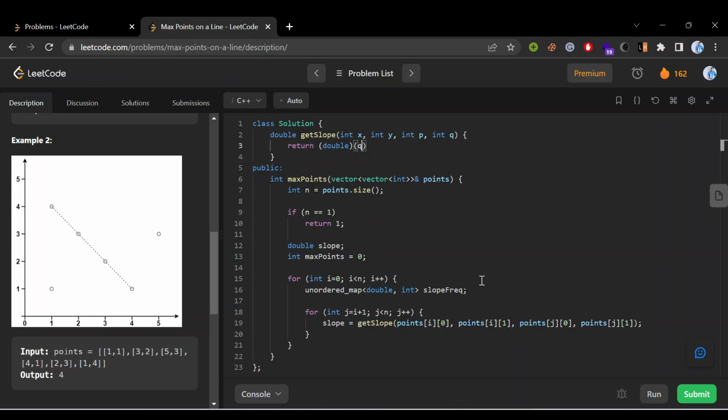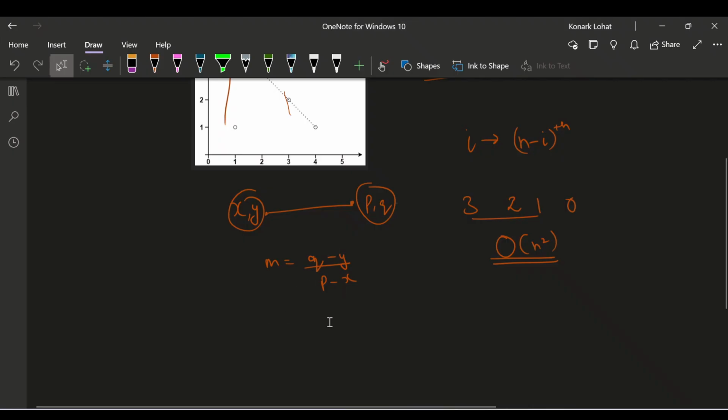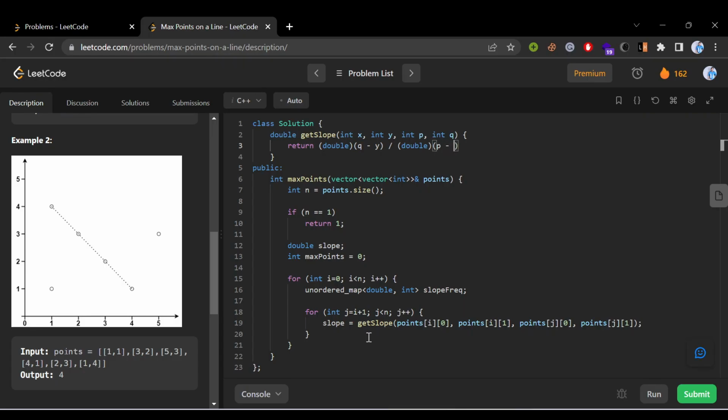So q, that is this formula, q minus y, divided by double, and that is this one, p minus x, right? But I'm not sure if C++ will give an error for this one, but still I want to make a check. If p minus x is equal to 0, then obviously I don't want this division to take place, because this will be like divided by 0.